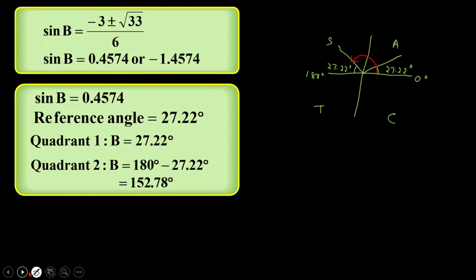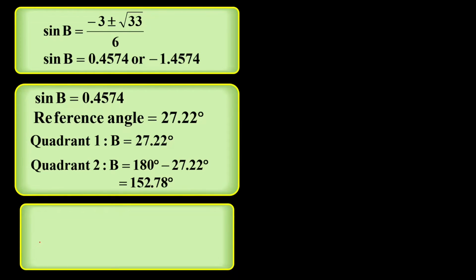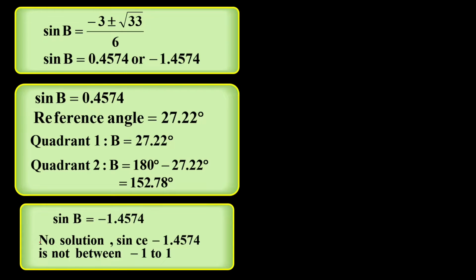So let me clear the board. Once I got that, I have another part there. So I have sine B equals negative 1.4574, which I could not get any answer from. So there's no solution from there because the maximum value of sine is 1 and the minimum value of sine is negative 1.